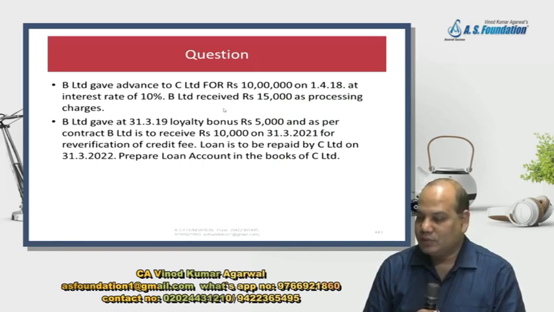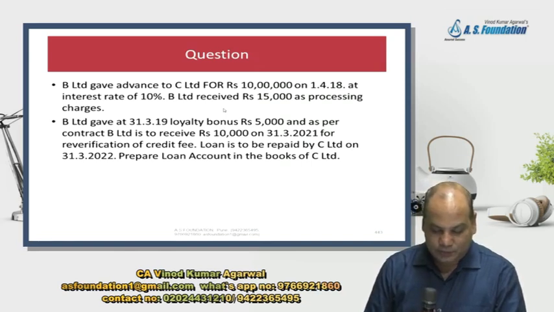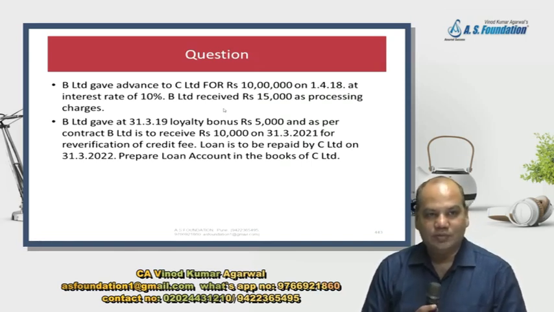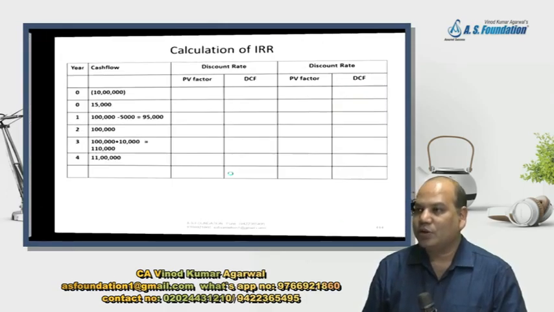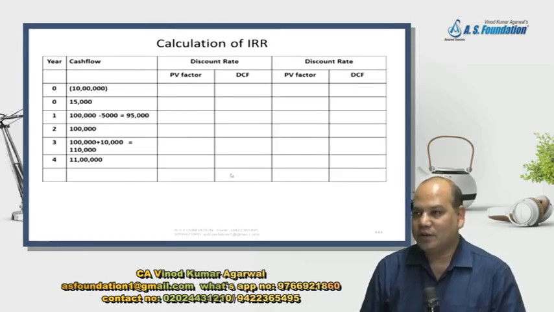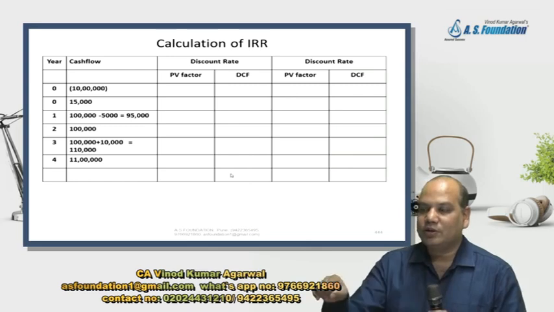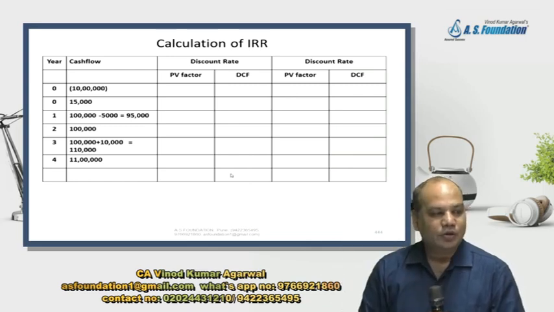Who is the entity C Limited? Borrower. So for C Limited, now this is a liability. Is it right? And they will follow amortized cost category. In the previous two questions, you were given the effective interest rate. In this question, you have to calculate it, but the same problem I have done earlier also. Can you trace that question?